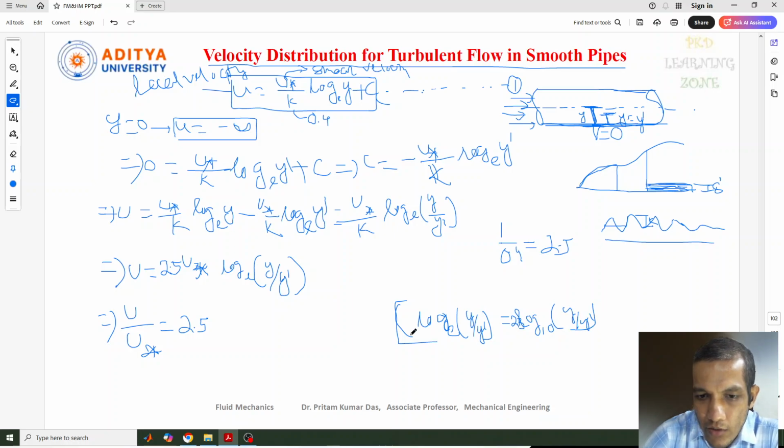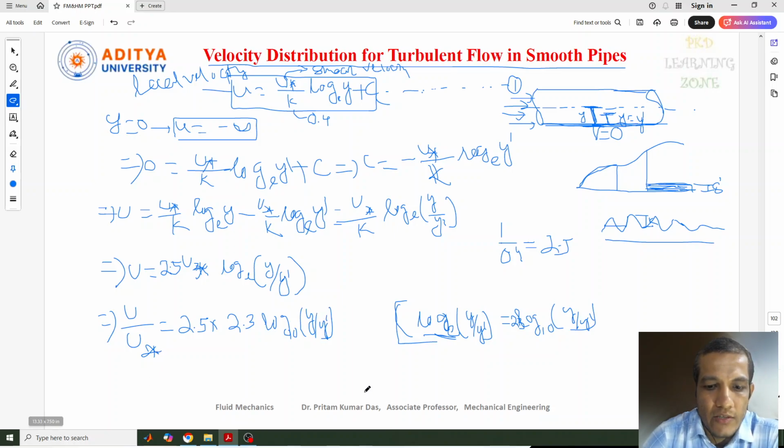Only this will change, remaining things will be the same. So in place of this I can write 2.5 into 2.3 log 10 y by y dash.